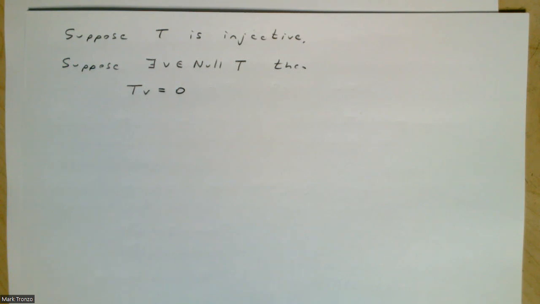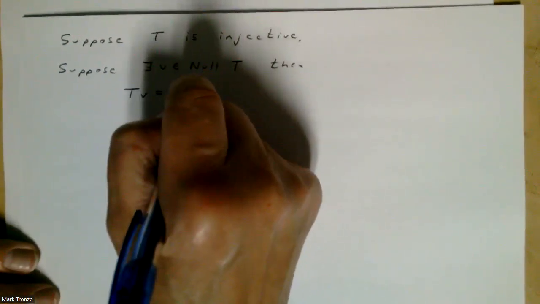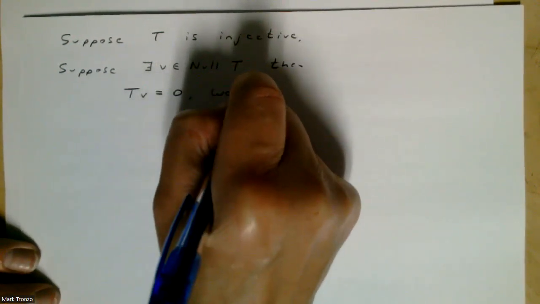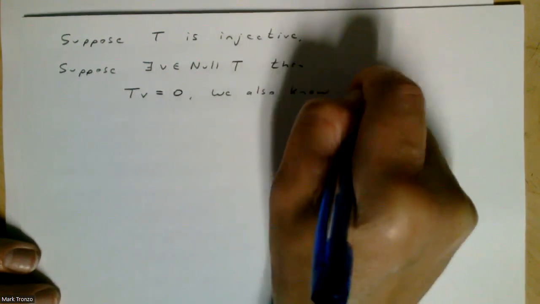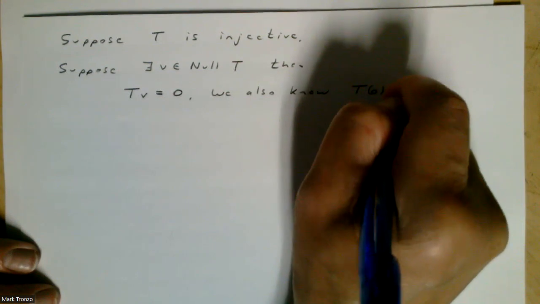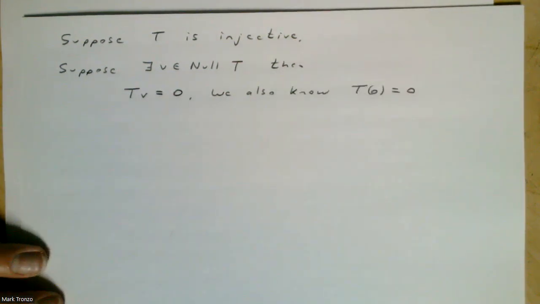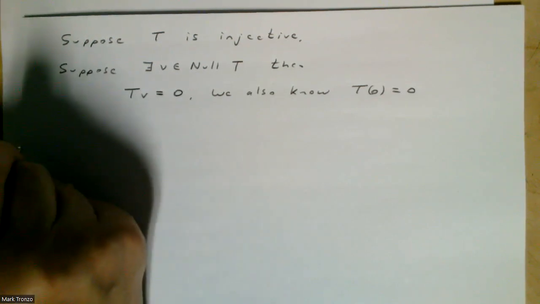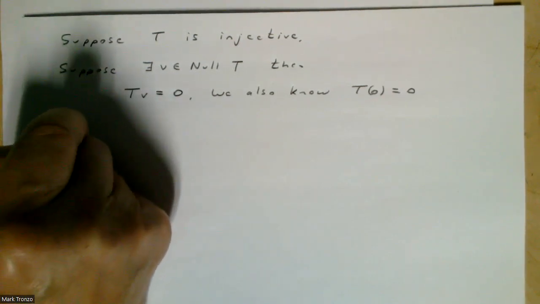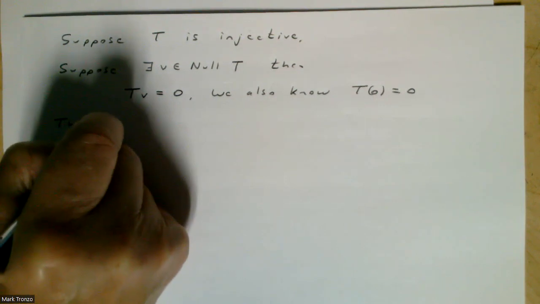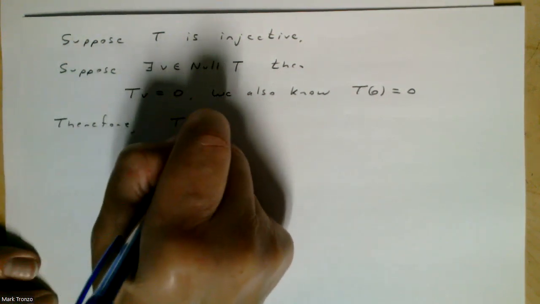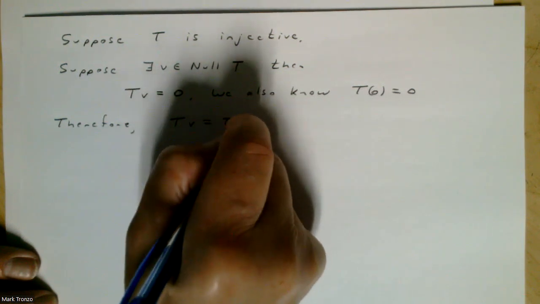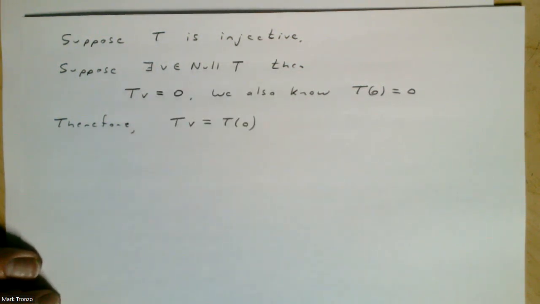And of course, we also know that T0 is also going to produce 0. Therefore, we have Tv is equal to T0.